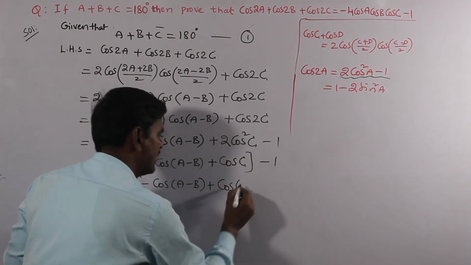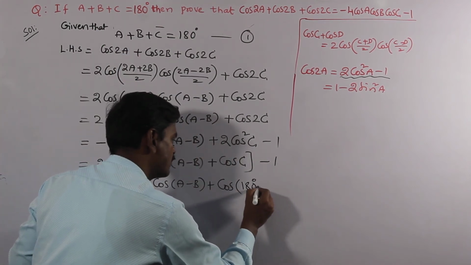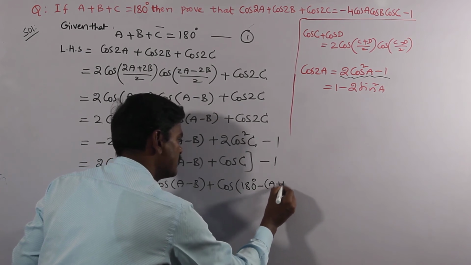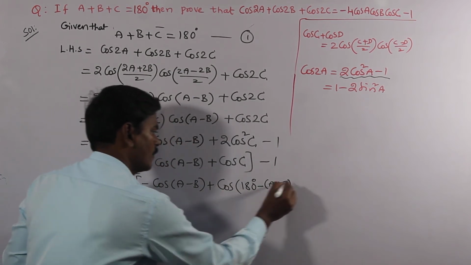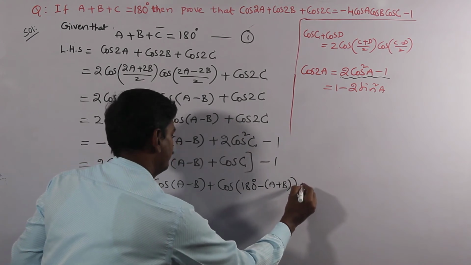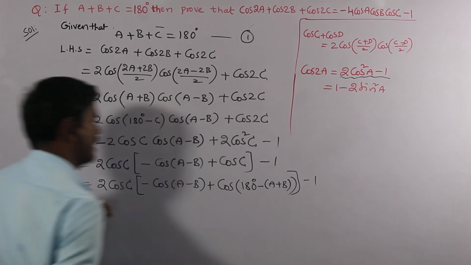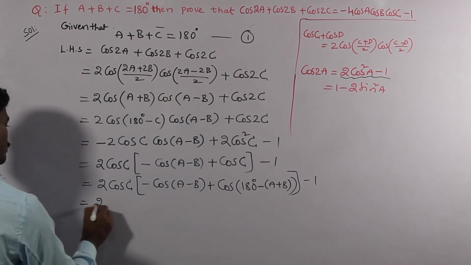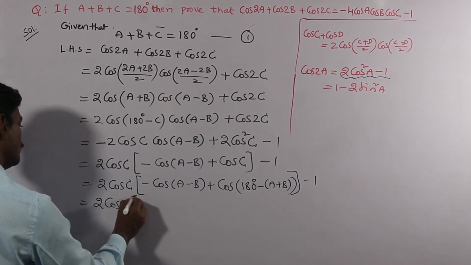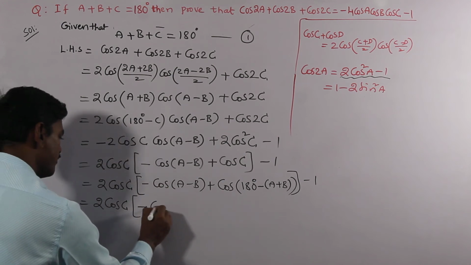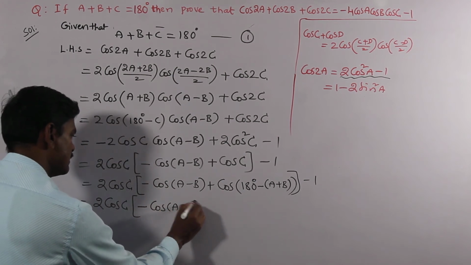So c can be replaced with 180 degrees minus (a plus b). Bracket close, minus 1 as it is. Now 2 cos c into minus cos of (a minus b) we write as it is.